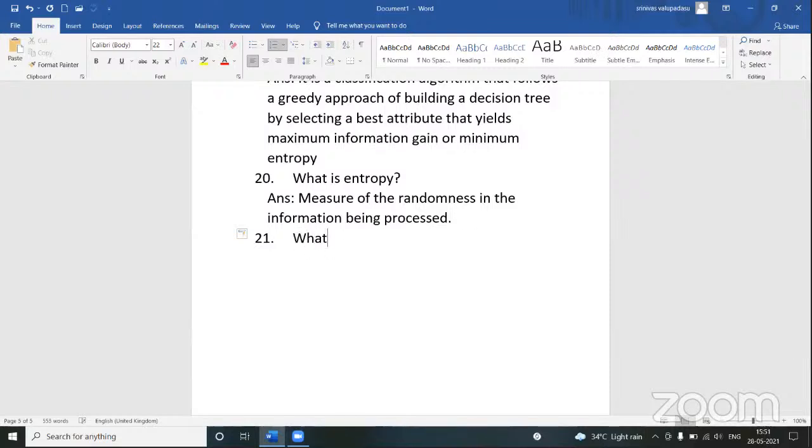What is classification in data analytics?